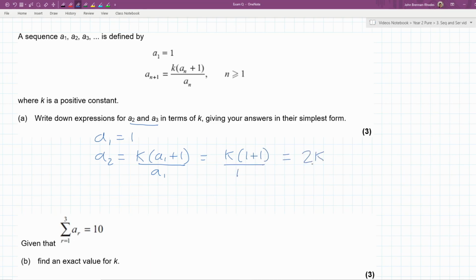So it's 2k. a3 is k times (a2 plus 1 over a2). So it's k times (2k plus 1 over 2k). With a bit of simplifying, this is 2k squared plus 1 over 2.